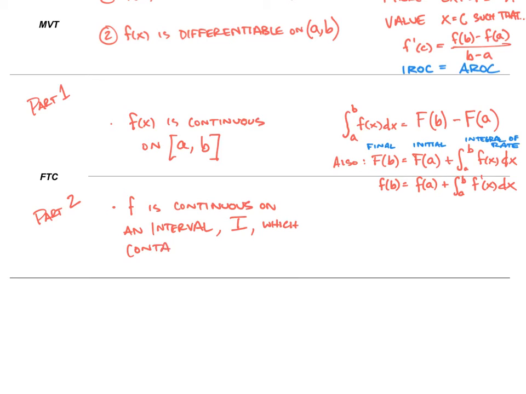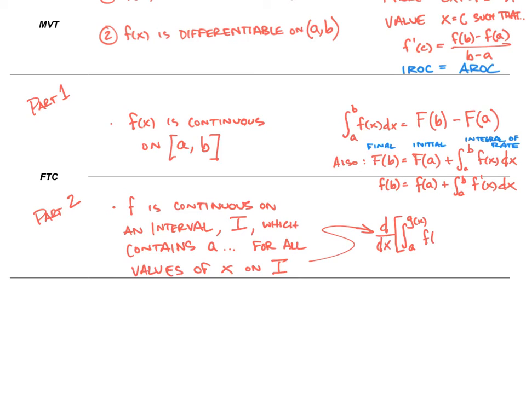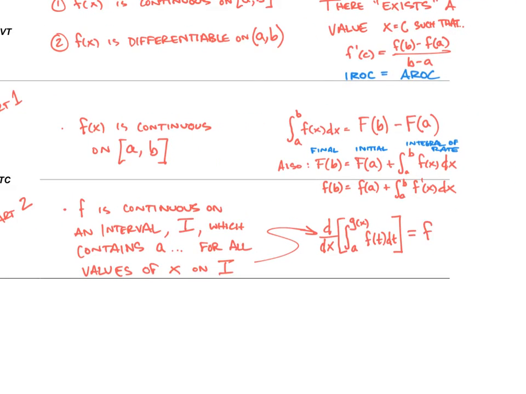That interval contains the number a, and the following is true for all values of x on the interval I. The derivative with respect to x of the definite integral from a to g of x of f of t dt is equal to f of g of x times g prime of x.